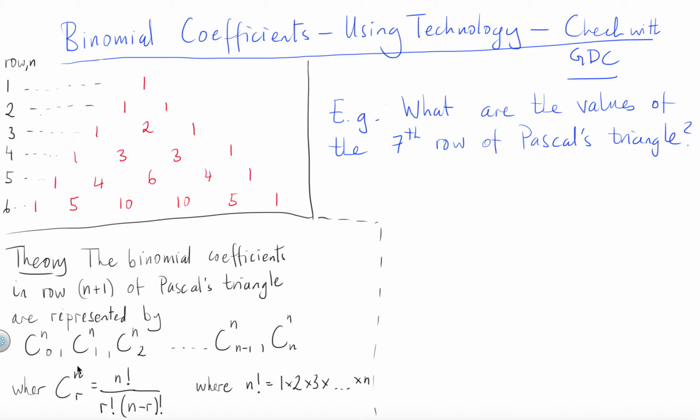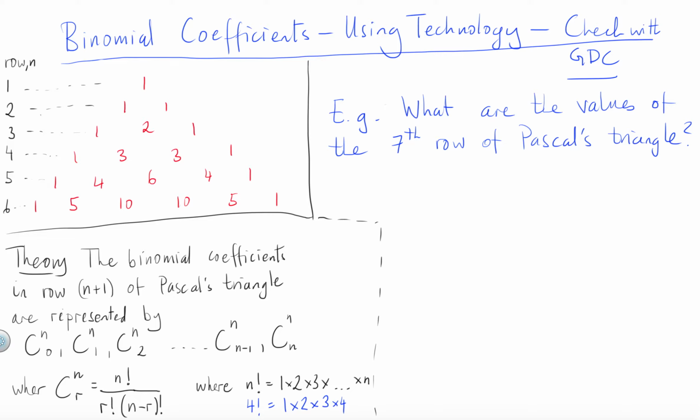Well, CNR means n factorial divided by r factorial times n minus r factorial. Now this funny thing, factorial, means you start from 1 and you multiply all the numbers up to and including n. So n factorial would be 1 times 2 times 3 times n. So for example, 4 factorial would be 1 times 2 times 3 times 4.